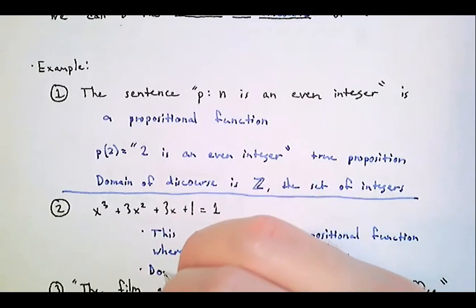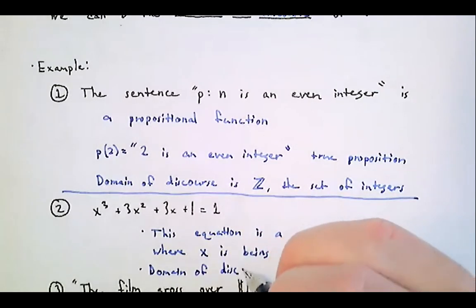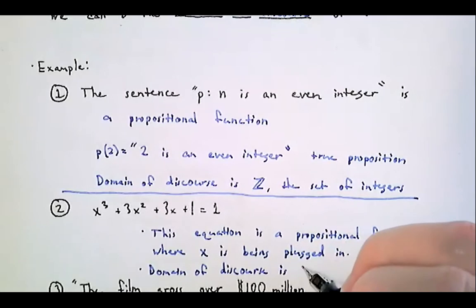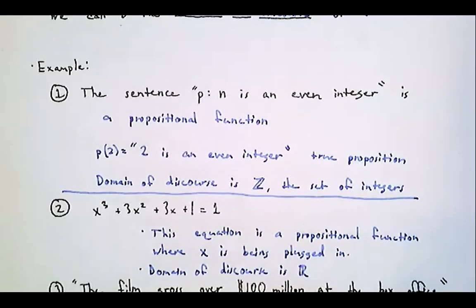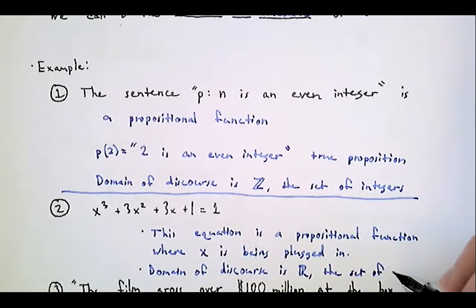The domain of discourse is the set of real numbers. So that was the capital R, the special capital R. That was our symbol for it.